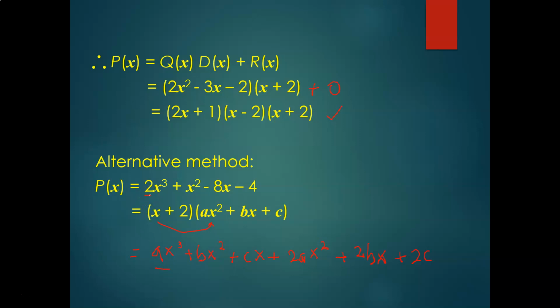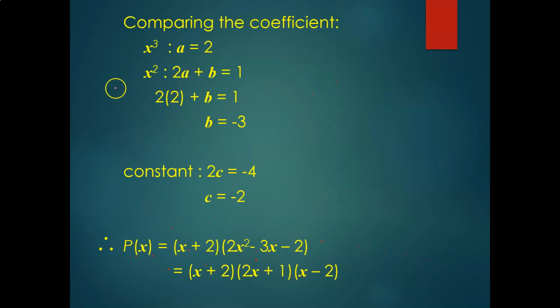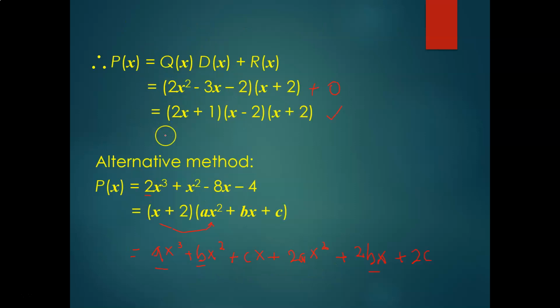Okay, how about b? So b, we have b over here and we also have b over here. So B ni, kita tengok pula untuk x square. Untuk x square, this one, perkali dia adalah 1. Kan, dekat sini ada perkalinya 1.